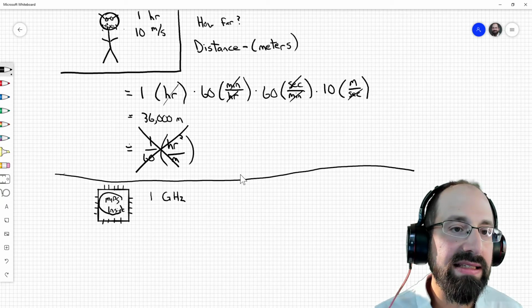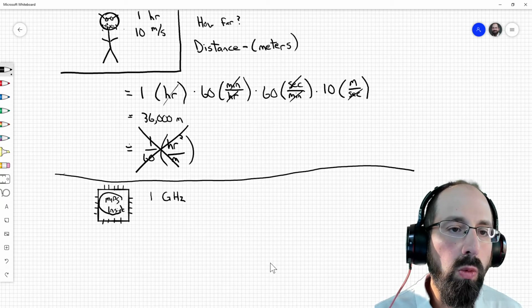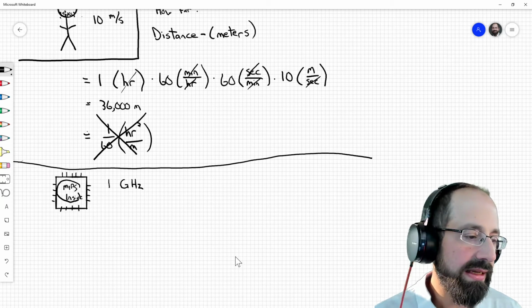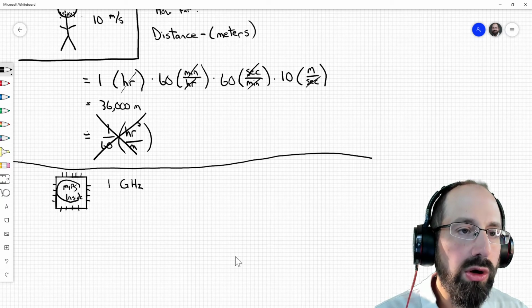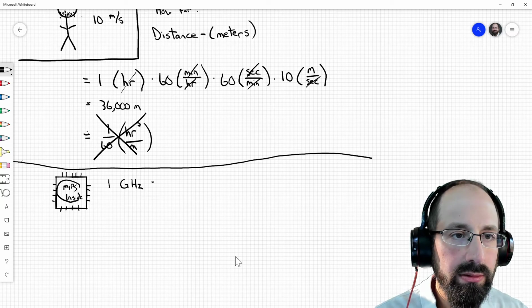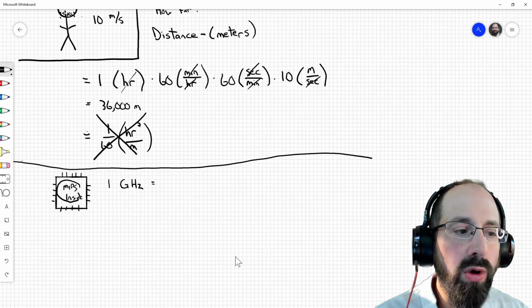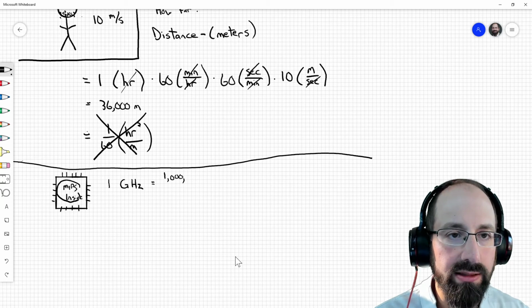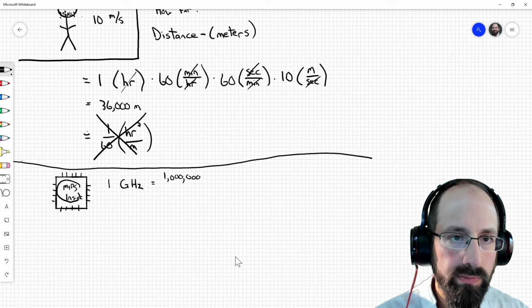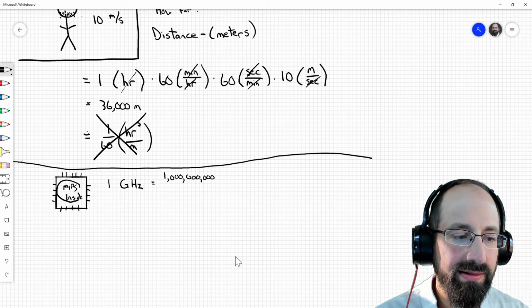In the context of computing systems, a 1 gigahertz processor, and giga would be 10 to the ninth, or billion, would correspond to a processor that ticks 1 billion times, with 1 billion cycles per second. Or I could just say 1 billion cycles for every second.